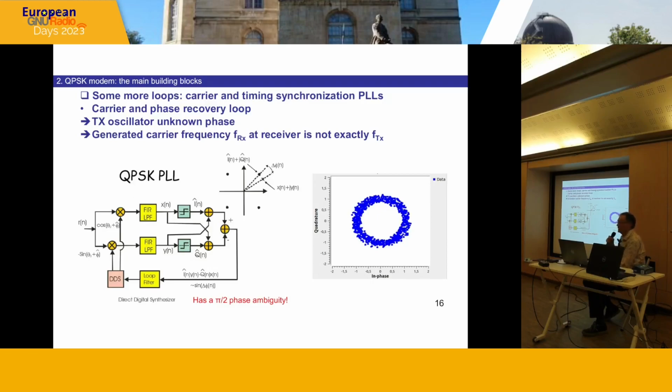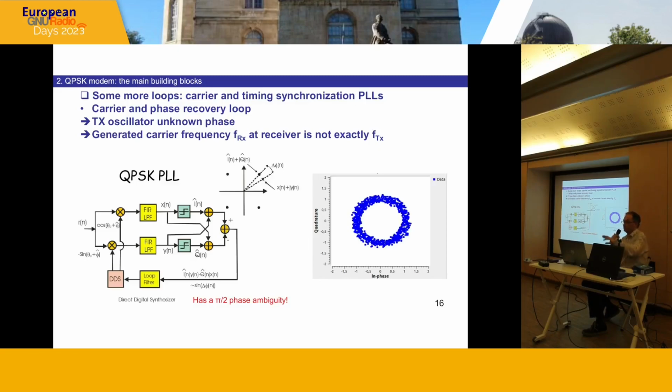Be careful about that, that's another important thing. You've got a pi divided by 2 phase ambiguity on this system. Even if you look at your constellation and you see that your points are perfectly on, you think, the right place, you can have a phase ambiguity.